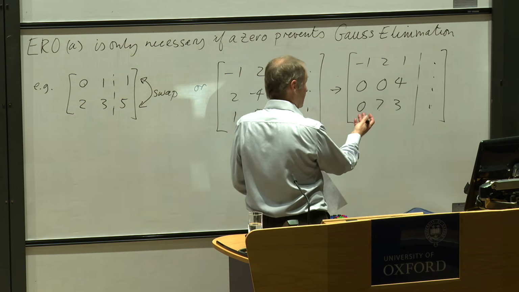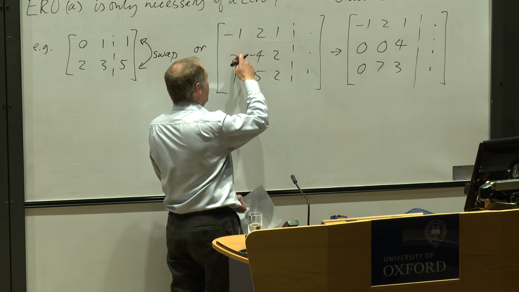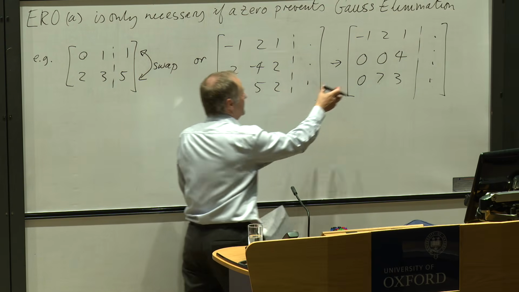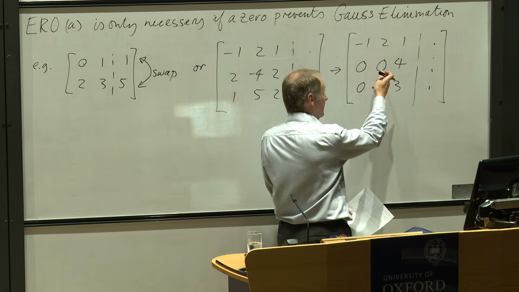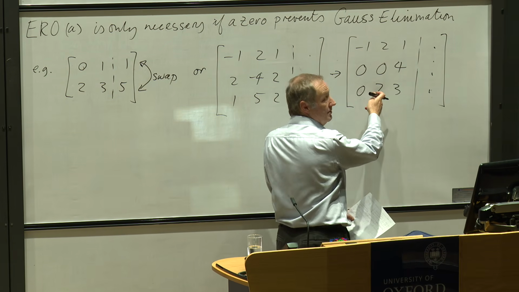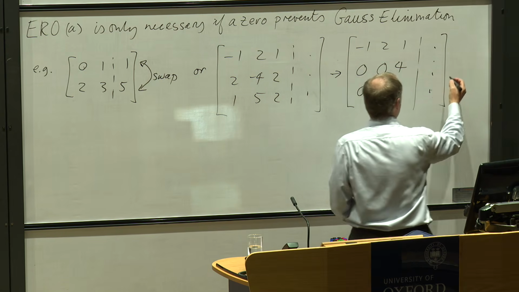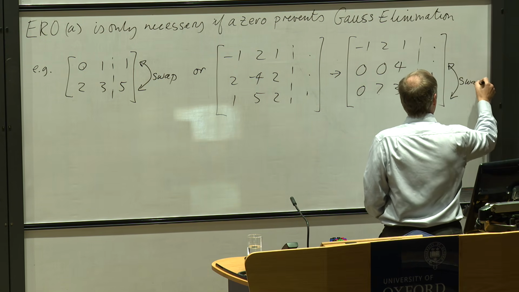And again, if I do Gauss elimination there, that's exactly what I get, because unfortunately, add 2 of that to that, and you add 2 of that to that, you get 2 zeros. And now I can't do Gauss elimination because I can't take a multiple of this row to add to this row to put a 0 in this position. And so what do I do? I just swap these 2 rows. So this is EROA.